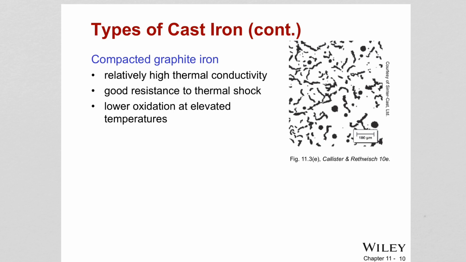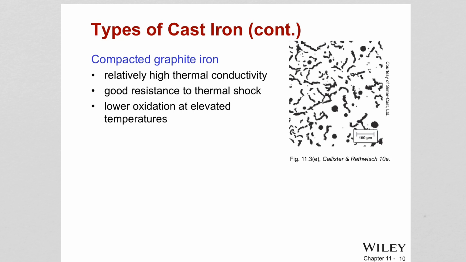This type of microstructure results in high thermal conductivity compared to other cast irons, and better resistance to thermal shock. Thermal shock means if there's a rapid temperature change, like quenching, for example, right?